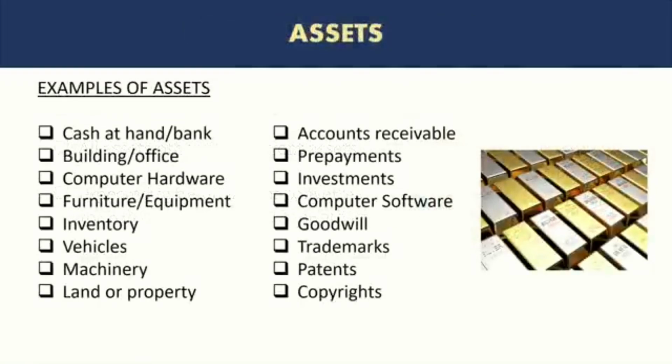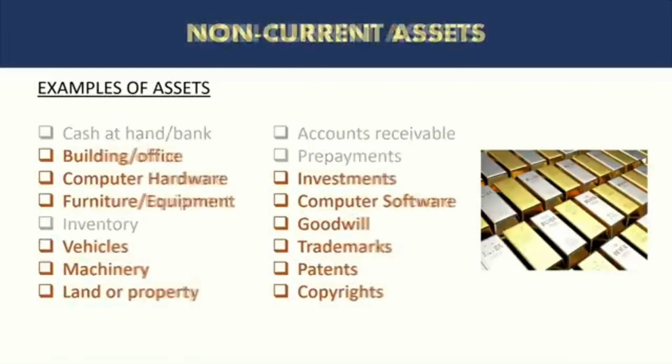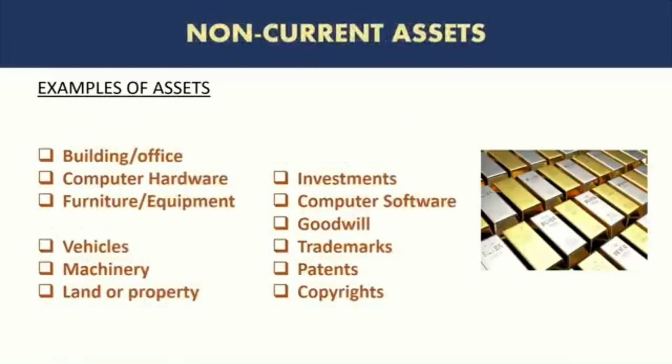Let's take a look at examples. So going back to our full asset list, if we had to identify the non-current assets, there are quite a few in there. Here you can see building or office is a long-term asset. So you will see that the expected time of realization of their benefit is more than 12 months, right? So buildings, computer hardware, we know they are used for longer than 12 months.